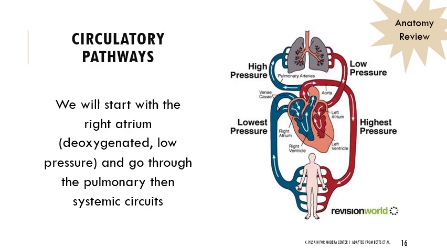So when we have our full circulatory pathway, we have that deoxygenated blood coming into the right atrium under low pressure, going into the right ventricle, and then getting pumped out under high pressure through the pulmonary trunk and pulmonary arteries into the lungs through the pulmonary circuit. That returns under low pressure through the pulmonary veins back to the left atrium. It's nice and oxygenated at this point, flows down into the left ventricle.